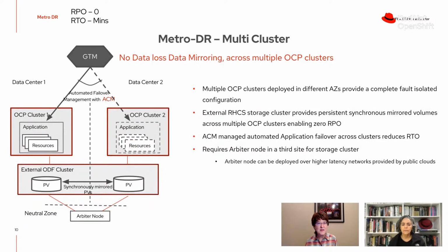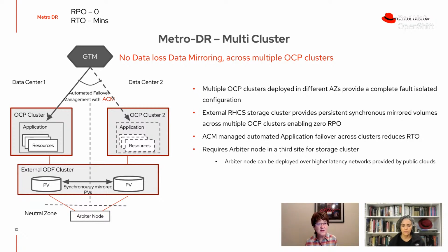The other one that we talked about, and it's not available in the downstream products yet, is MetroDR multi-cluster. From the ACM point of view and the ODR point of view, it's very similar in terms of all the automation and capability. The difference is it's going to use an external storage plane, or an external ODF cluster, and that cluster is stretched.